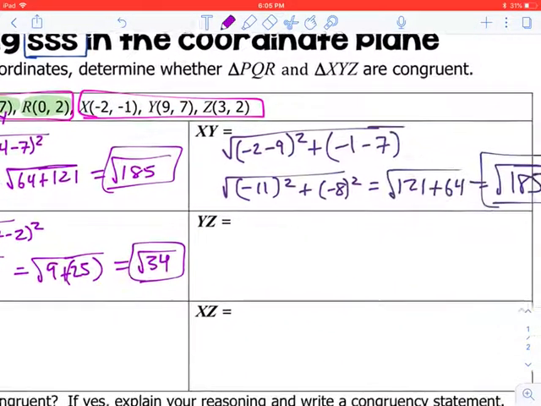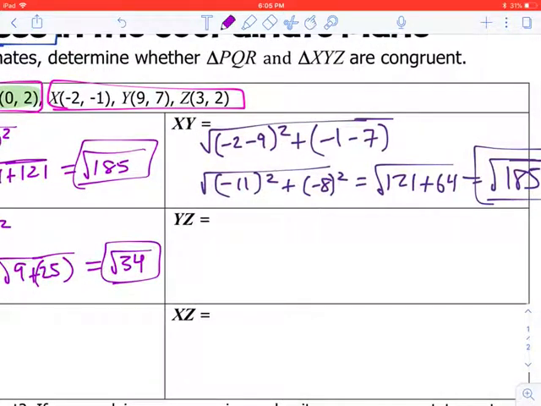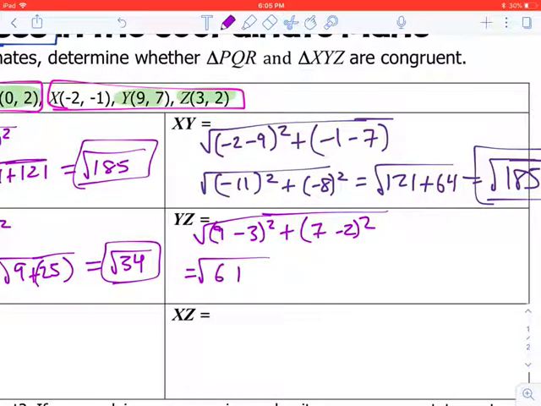So let's see what YZ gives us. Well, YZ, I'm going here and here. So 9 minus 3 squared plus 7 minus 2 squared. So in that case, I've got 6 squared, plus 5 squared.